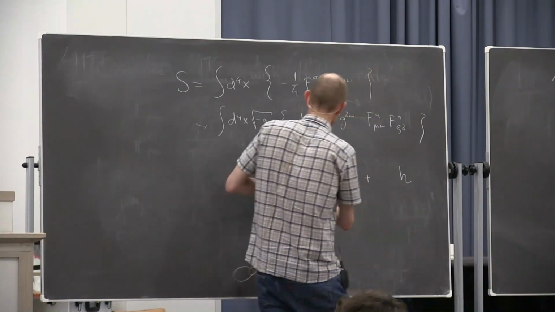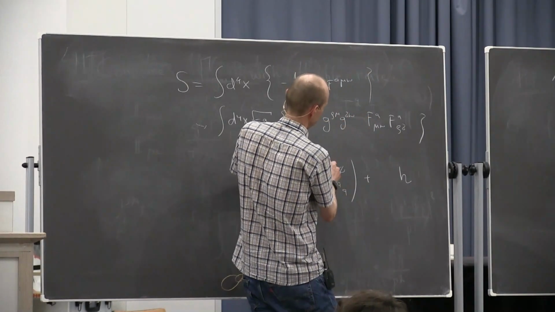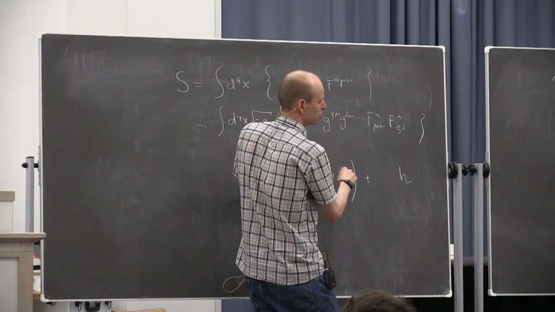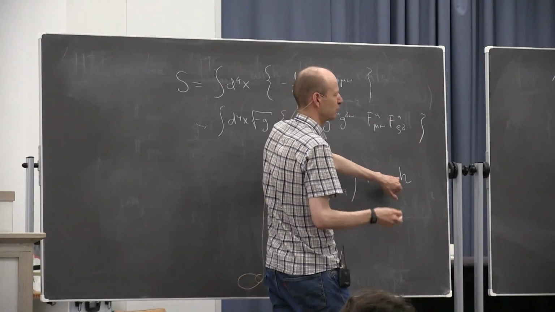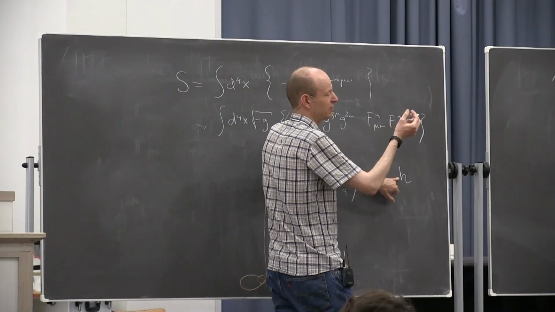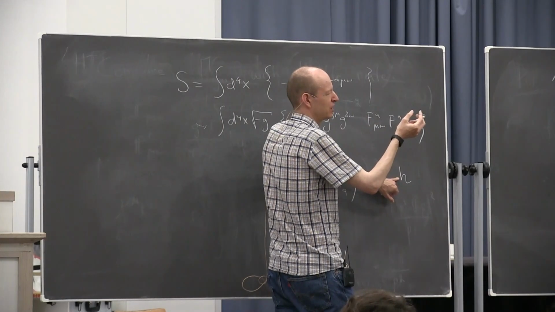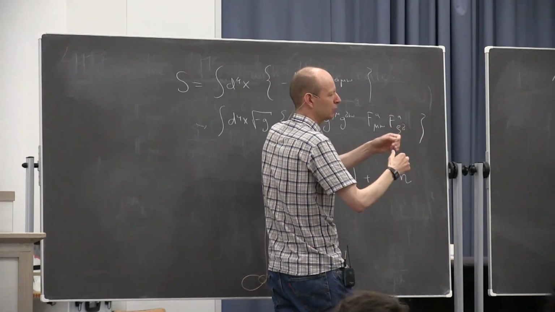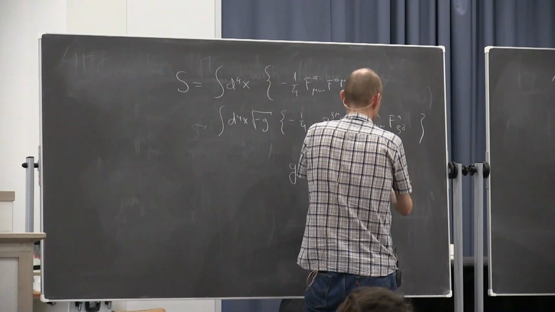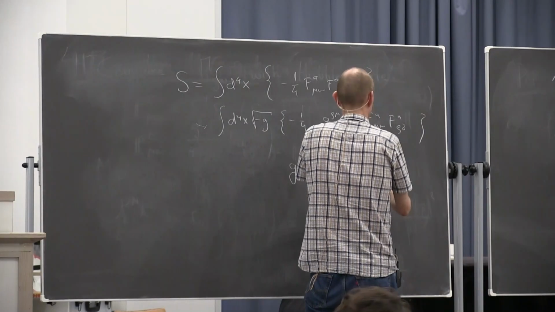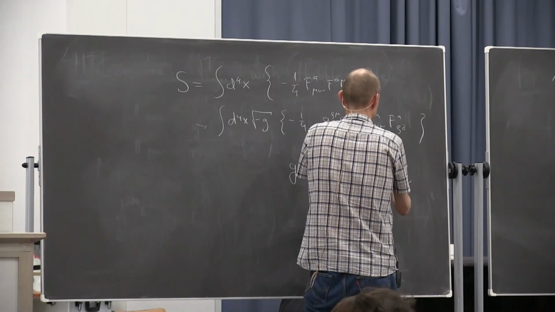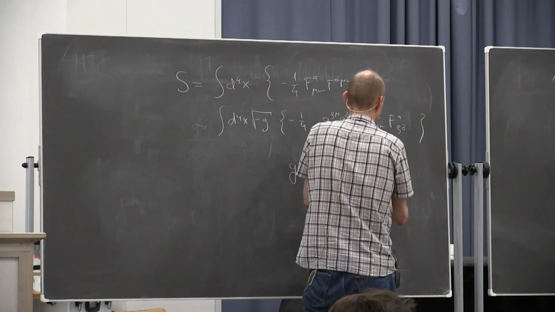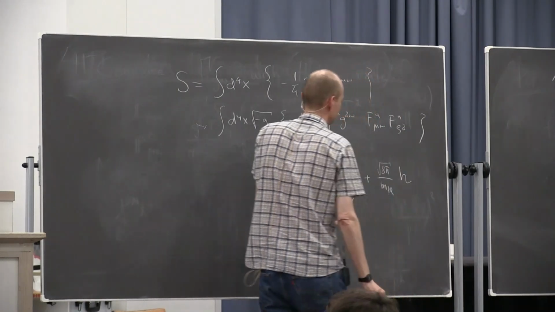The metric perturbation is a dimensionless number, we think about it as a relative change in the distance measurement, but we have to rescale it to canonical dimensions, so that's where the h divided by the Planck mass comes from, maybe like this.